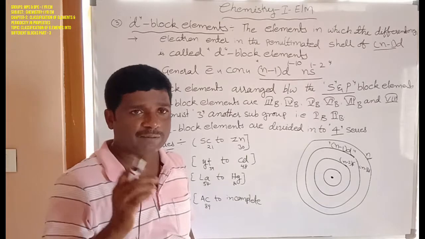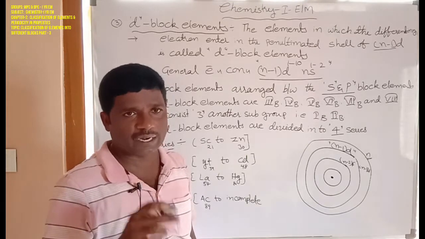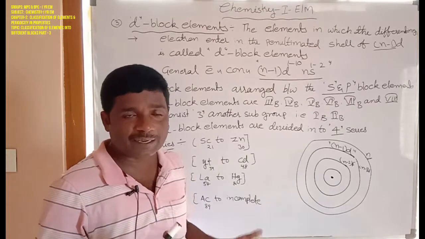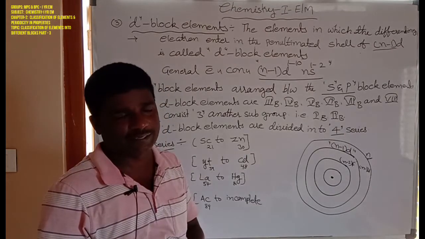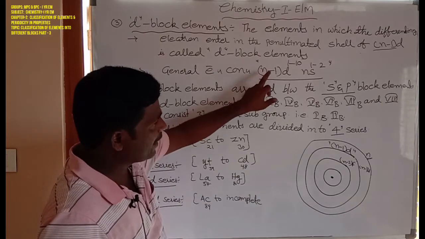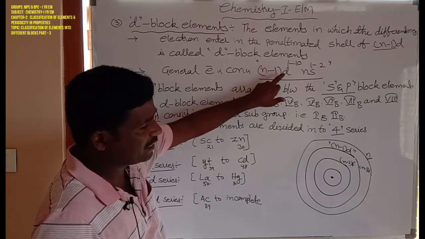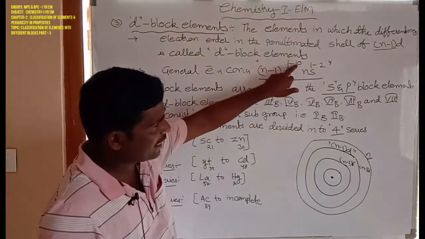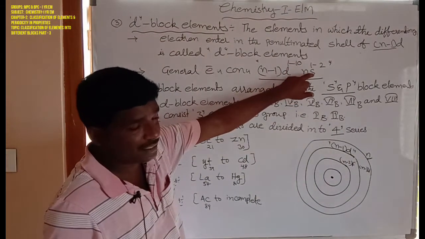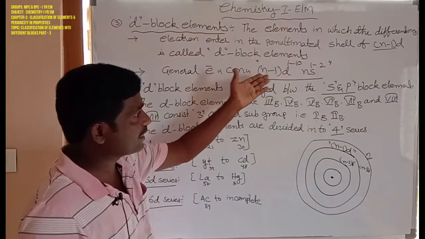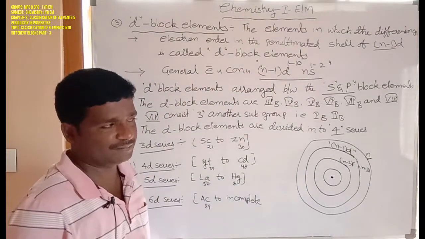Each orbital consists of 2 electrons, so the d orbital capacity is 10 electrons. So the penultimate shell n minus 1 d consists of 1 to 10 electrons, and the s orbital consists of 1 to 2 electrons. That is the electron configuration of the d block elements.